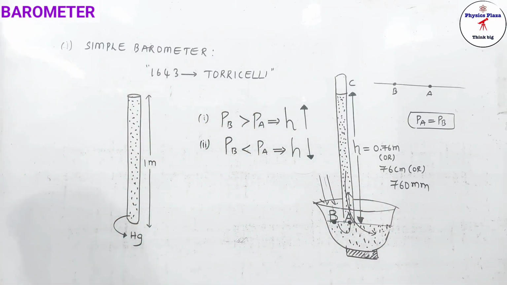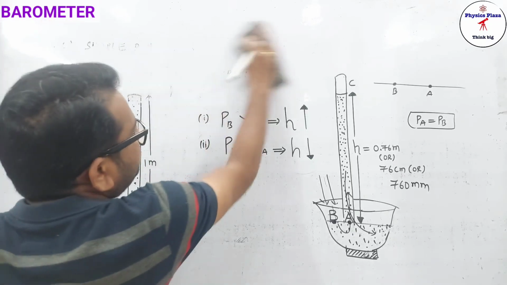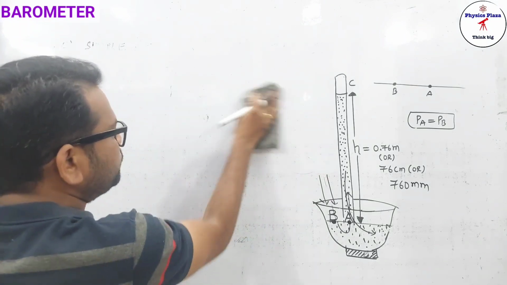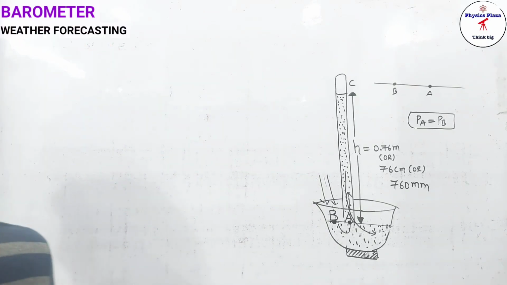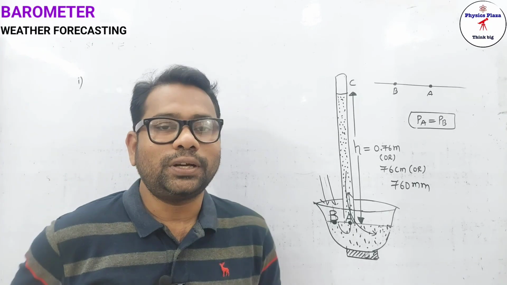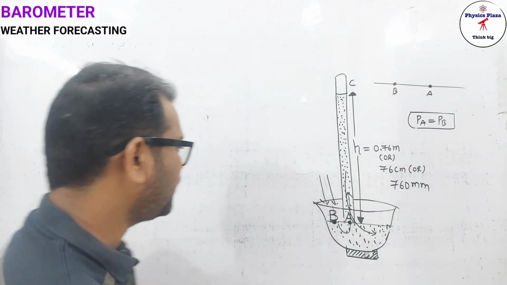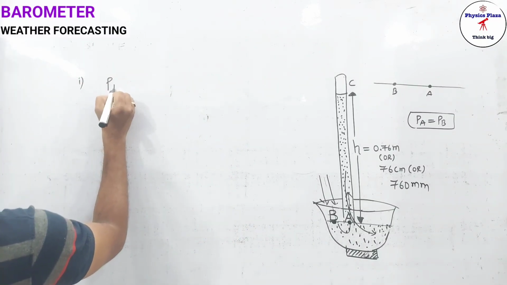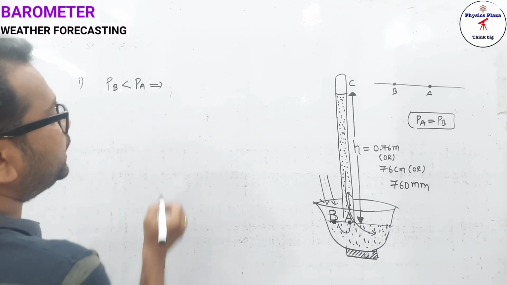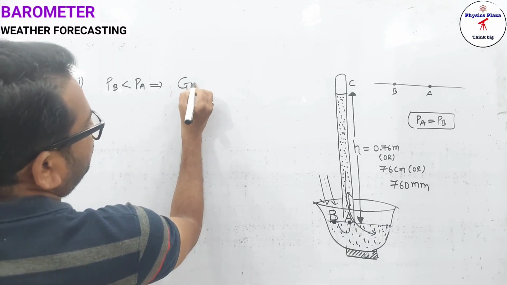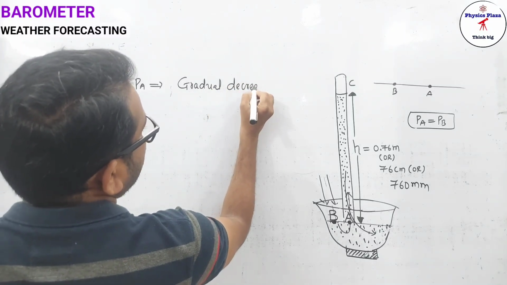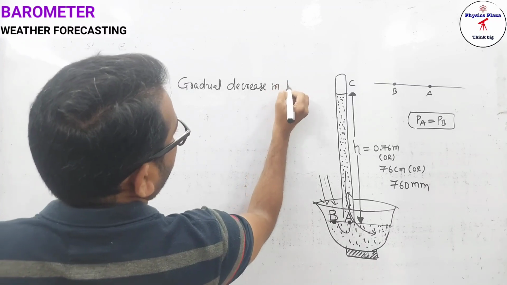Now look here. We will discuss weather forecasting with the help of a barometer. So here, children, suppose outside pressure is less, as I told you. Then what will happen? The pressure at point B is less than the pressure at point A. Then there is a gradual decrease in mercury level.